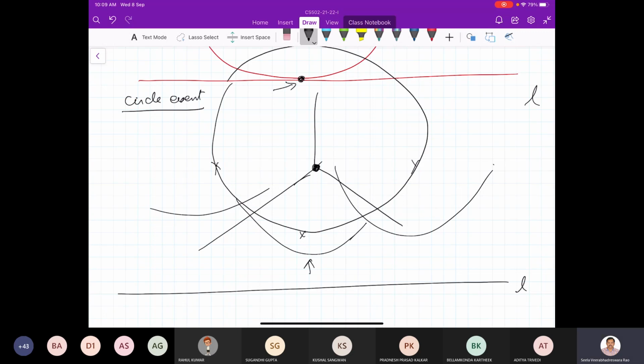Before that, whenever a new site is added into the sweep line status, or whenever an existing parabola goes out of the sweep line, we will have three new consecutive parabolas in the sweep line status.